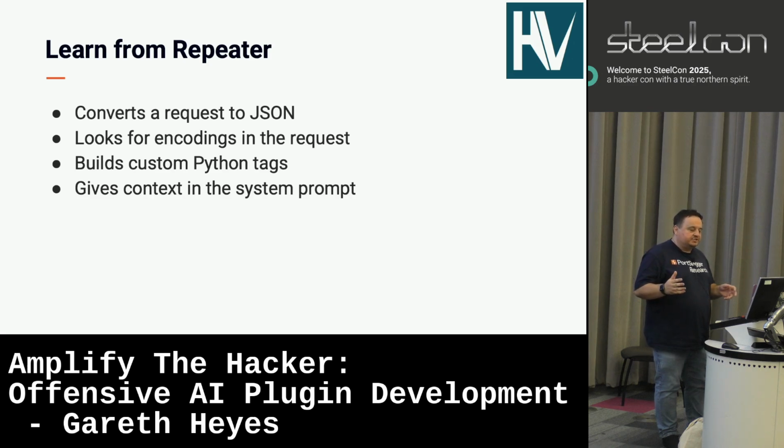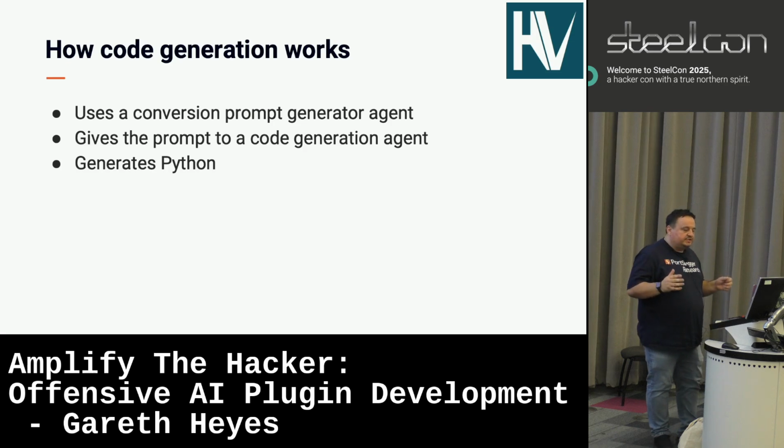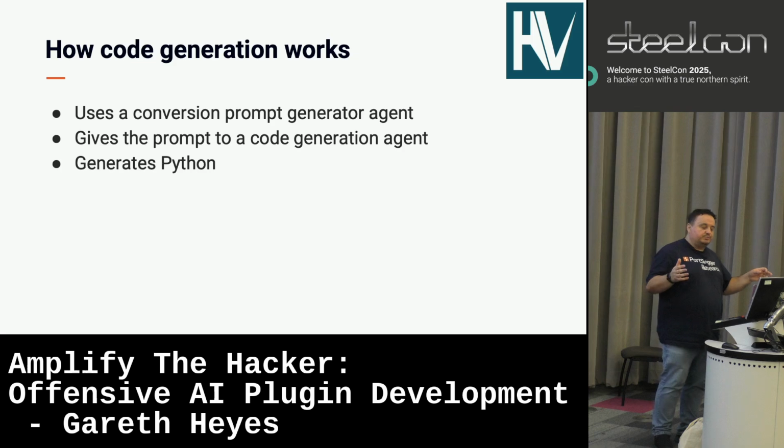I give the agents contextual identities such as you're a web security expert, or you're a Python expert, and this helps improve the AI's responses. It's a two-step process. The first agent detects the encoding and then generates a conversion prompt, which is then passed to the second agent, which produces the final Python code.